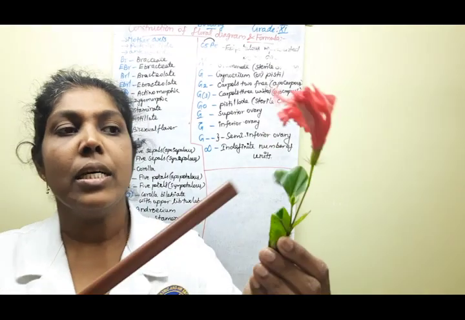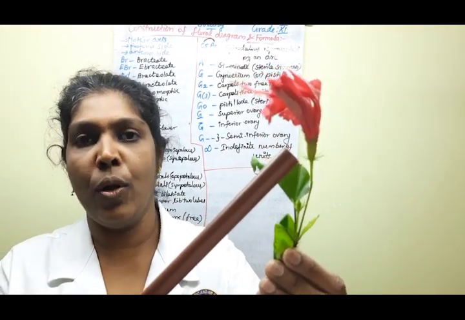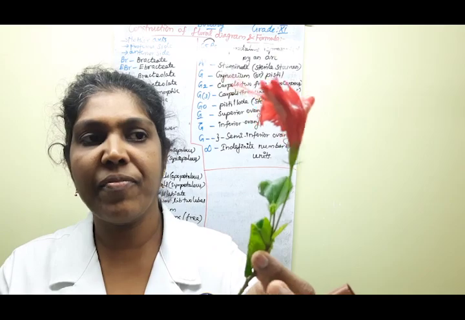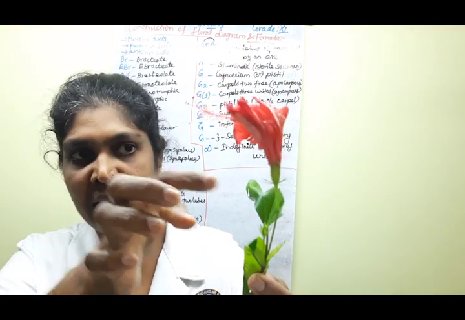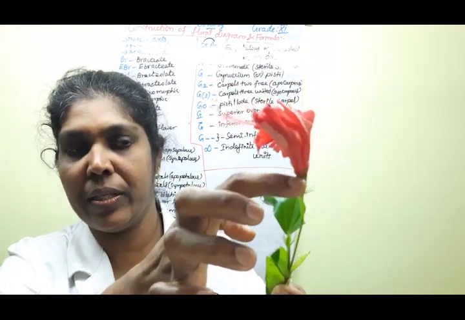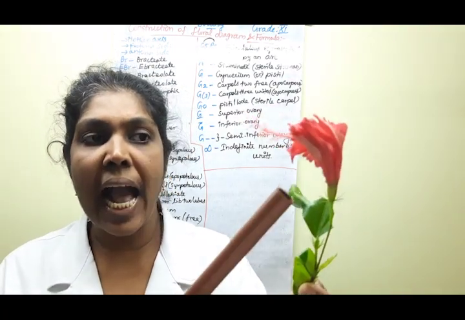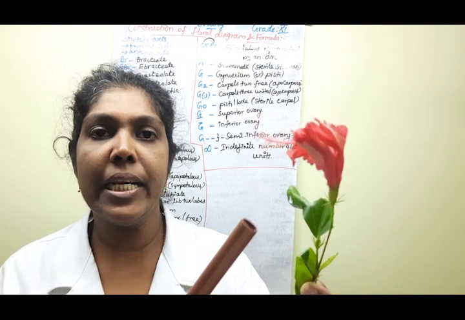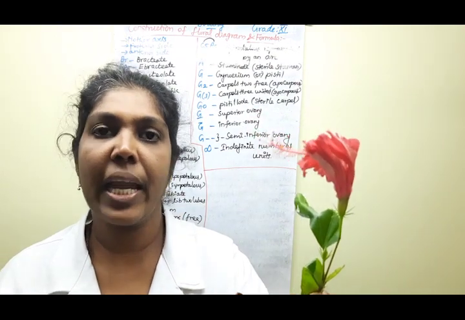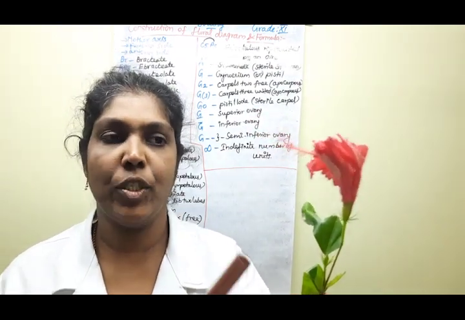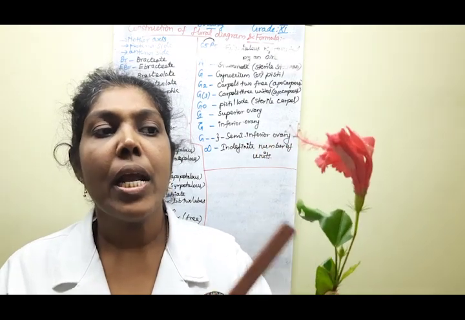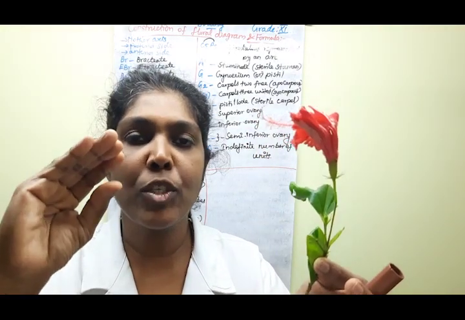Next, we are going to represent the calyx in the floral formula. Calyx means the bracteoles, and after this is the whorl, so this represents the calyx whorl. This calyx whorl, we denote with the letter K. Clear, children? Yes. The next one, how many sepals are present?